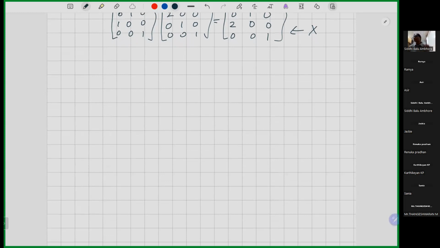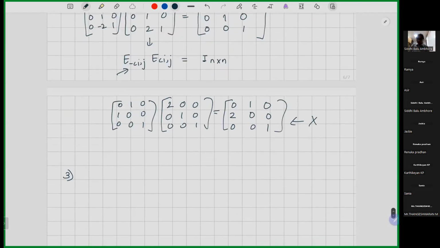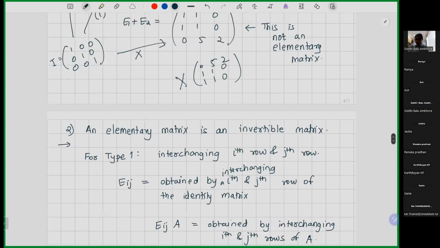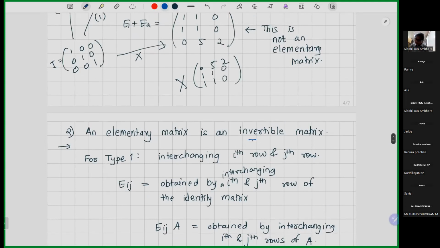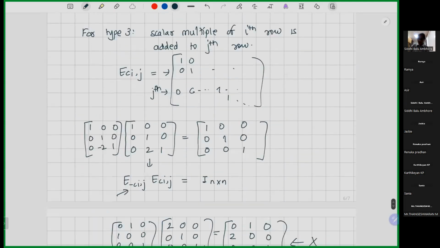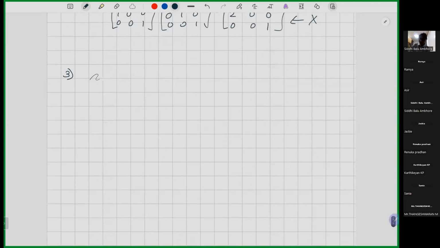Okay. So we'll move to the next question. So this was true. Every elementary matrix is invertible, is true. We just saw what kind of inverse they have. And now we are moving to the third question.